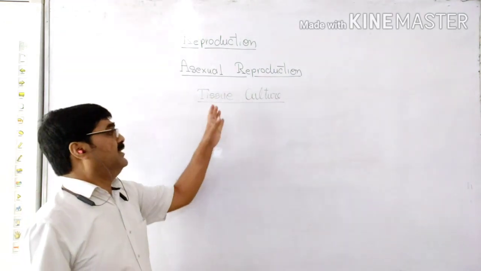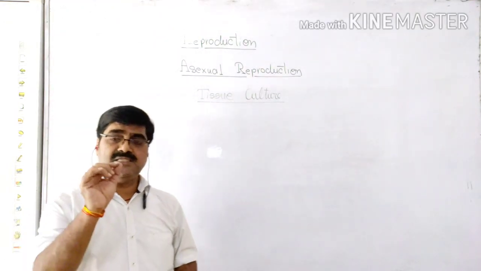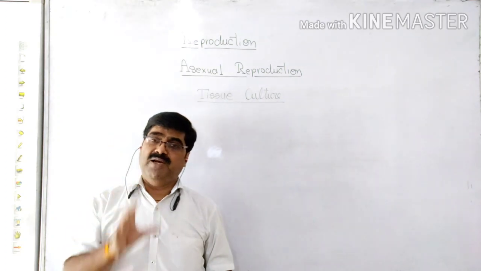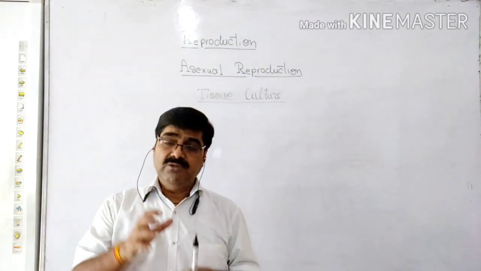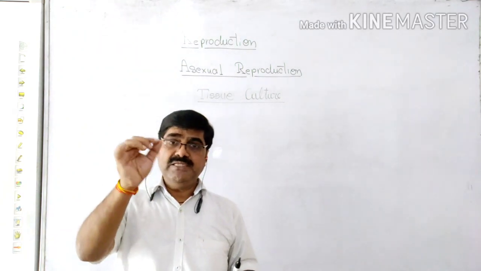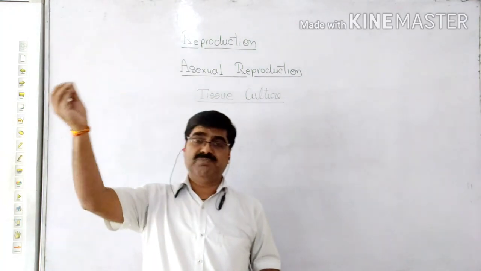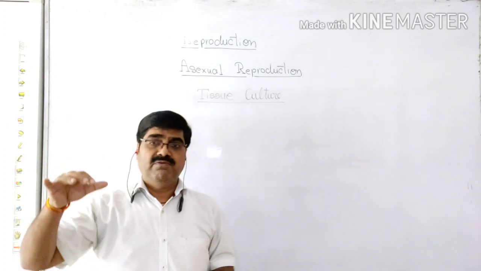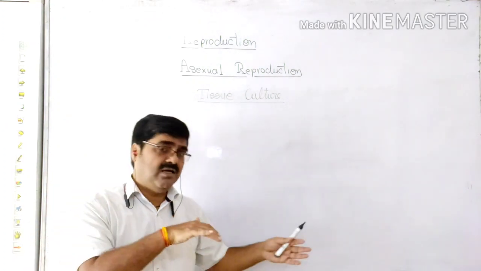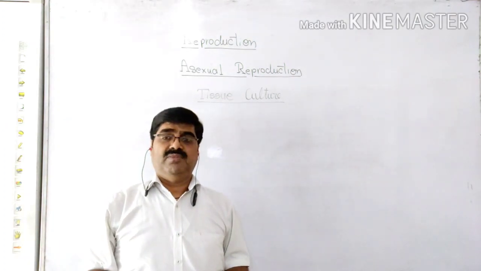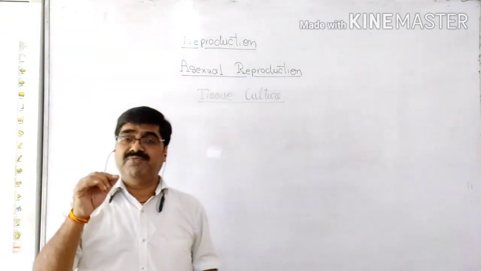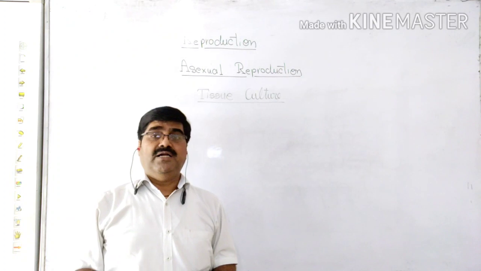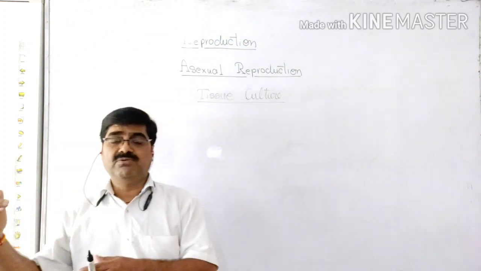Here we take the meristematic cells of the plants. These meristematic cells have the ability to divide. So we take some meristematic cells from the plants and culture them in the lab, in a culture medium which has different nutrients and hormones needed for growth.